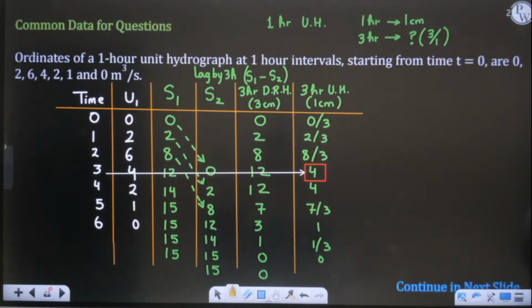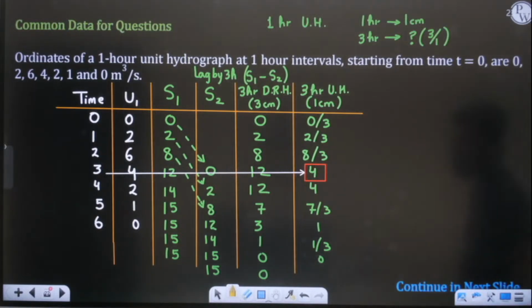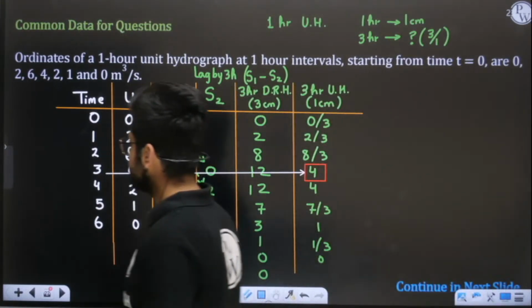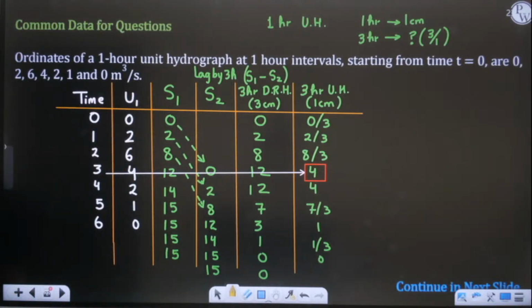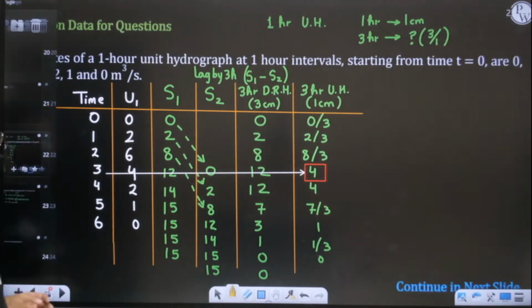This is how you will solve questions in your GATE examination. I hope this thing is very clear to you. So now the S curve is also done. We have completed the S curve.